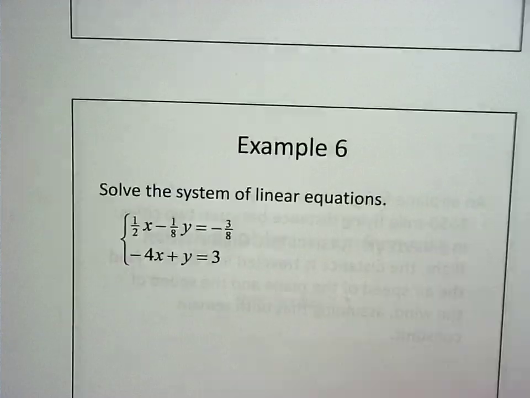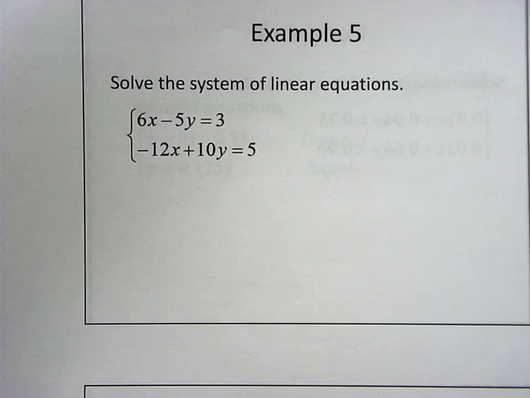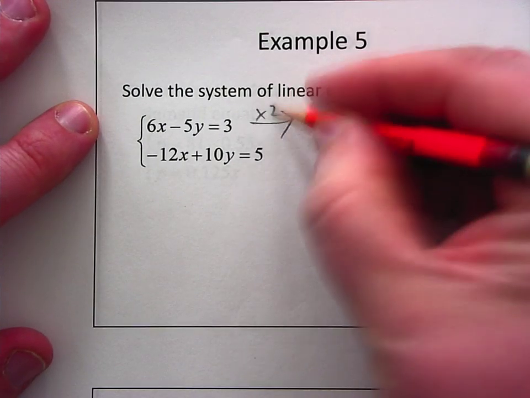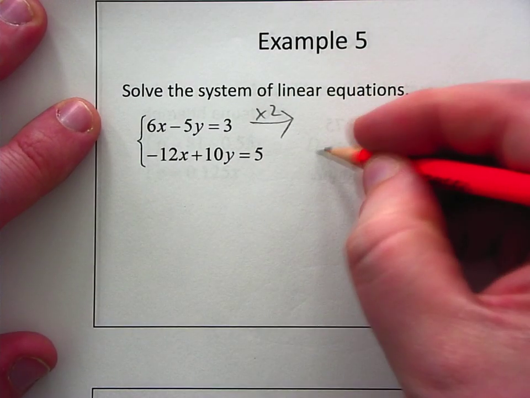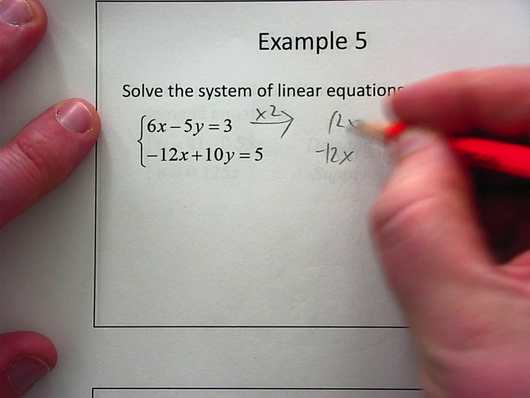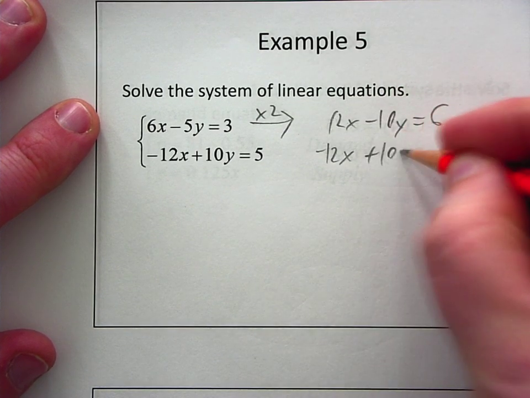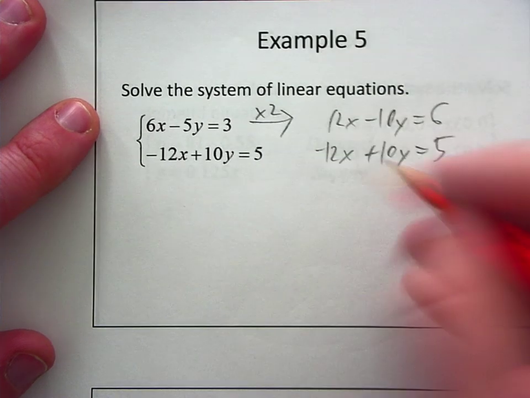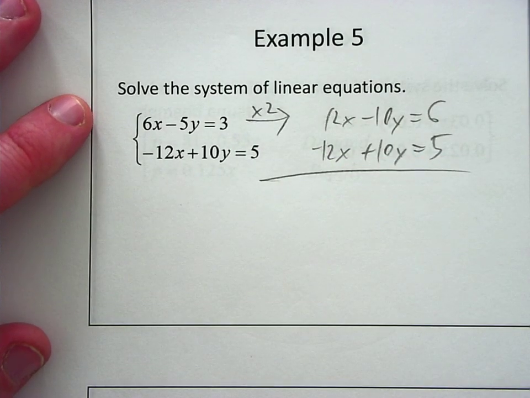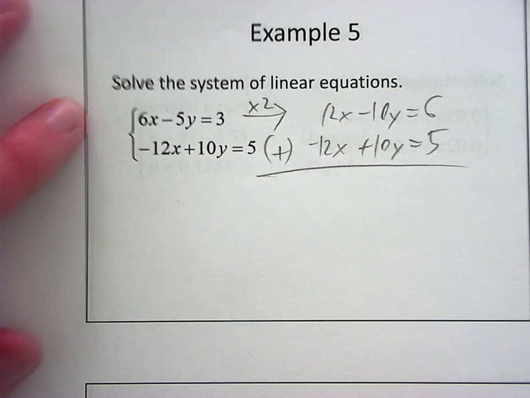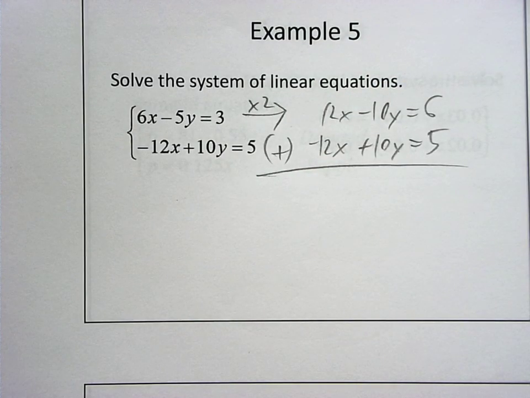Okay. So, if I want to solve this system, what would I multiply by? Now, take the top one times 2. So that's going to give me what on top? Equals 6. On the bottom, stays the same. Add or subtract? Add. If you subtracted, you'd actually get 24 and 20.